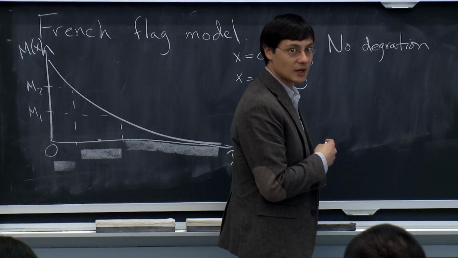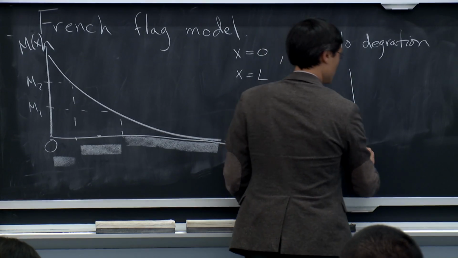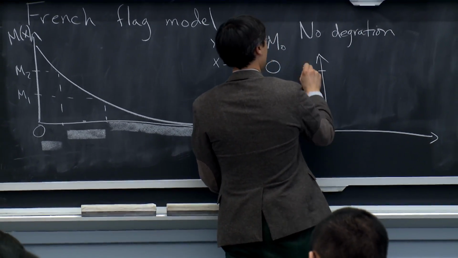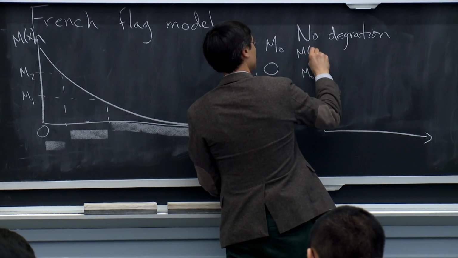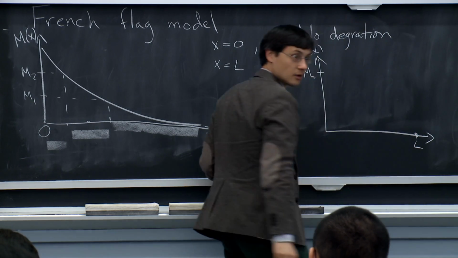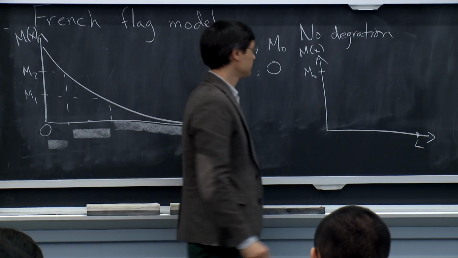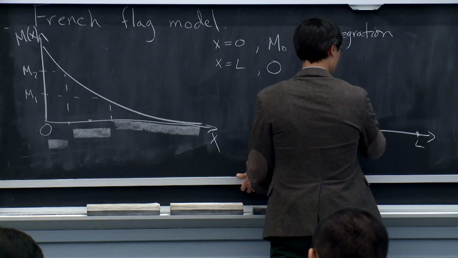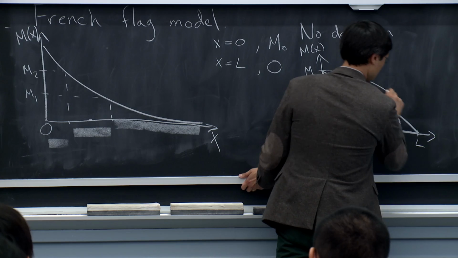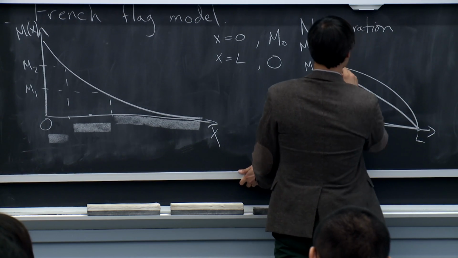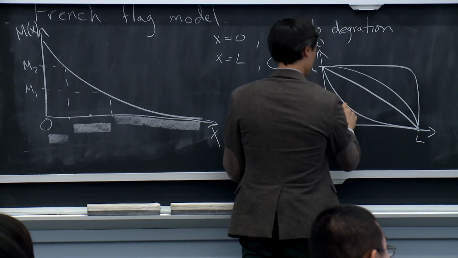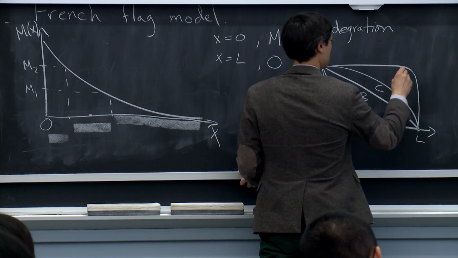All right, I'm going to draw some options, and hopefully you can close your eyes and imagine what it should be. We know that it starts out at M0. Over at L, it's equal to 0. All right, is it closest to A, B, C, or D?